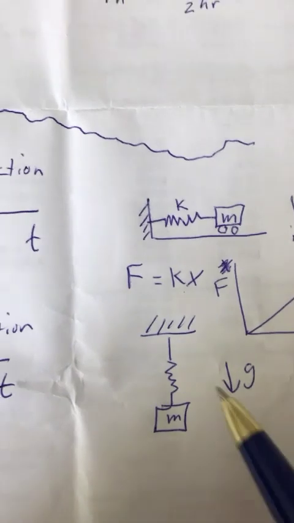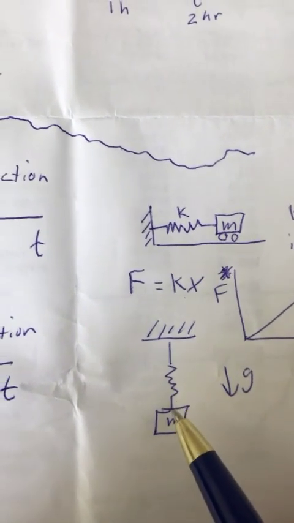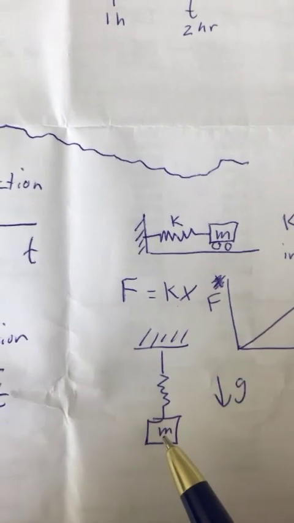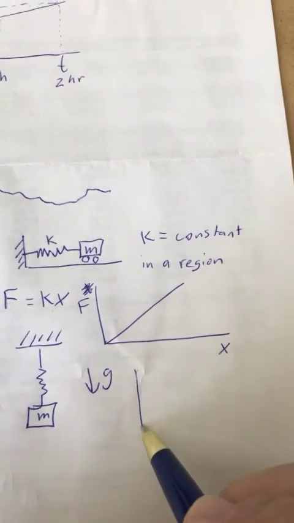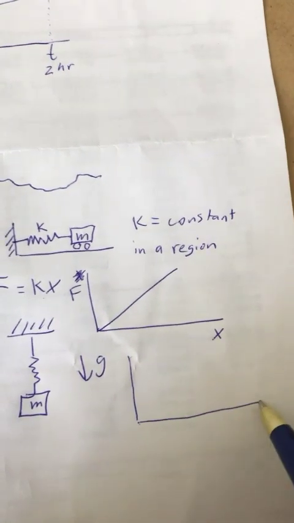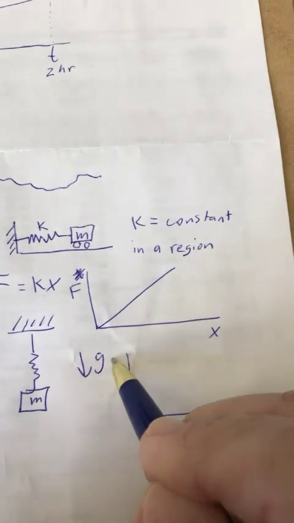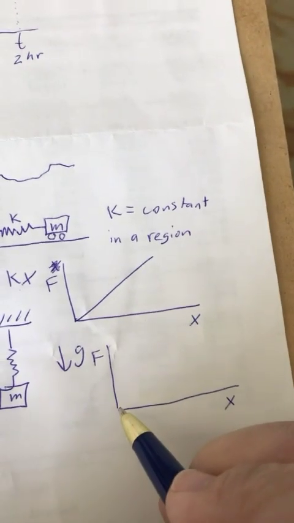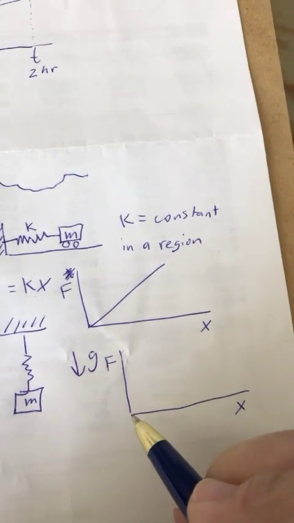If this mass is fairly big, it's going to stretch that spring out, maybe not enough to bend it or break it. If I draw again F equals Kx, well, it's already stretched a certain amount.